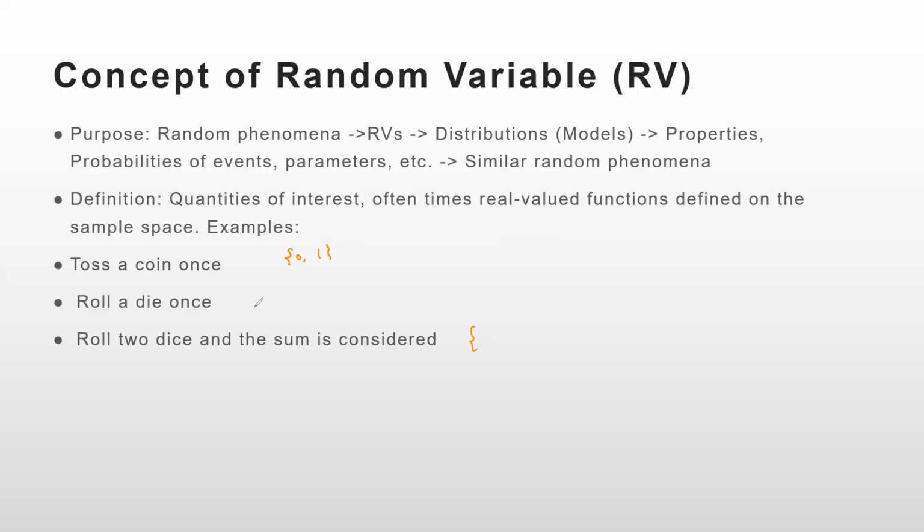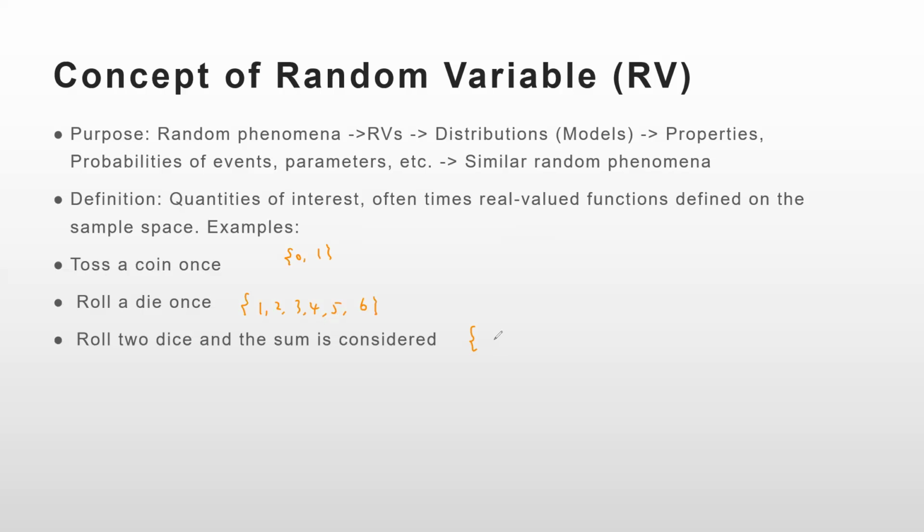And when we roll a die and consider the number showing up, we have 1, 2, 3, 4, 5, 6 as the sample space of the random variable. It's important to be able to figure out the sample space of a random variable, and then we are able to figure out the probability distribution and so forth. So this is the first step when you try to find the model of a random variable: figure out the sample space of the random variable.